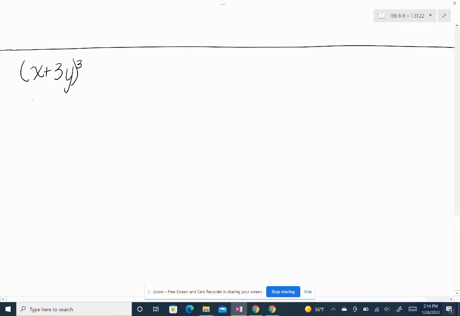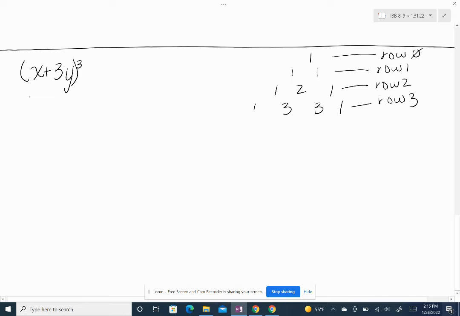And I want that expanded out. This is binomial because it has two things being added together in the parentheses. So we're going to use our Pascal's triangle to solve. So honestly, these are pretty easy to create. So row 0, row 1, row 2, row 3. Okay.